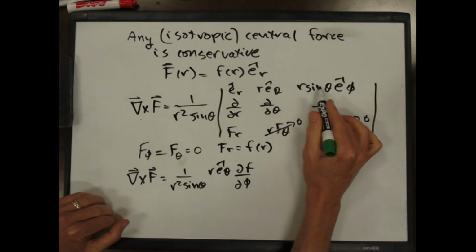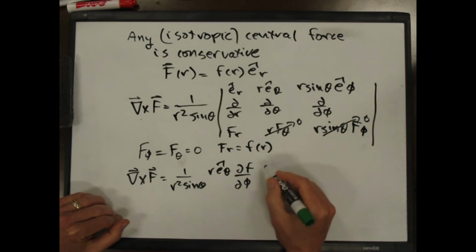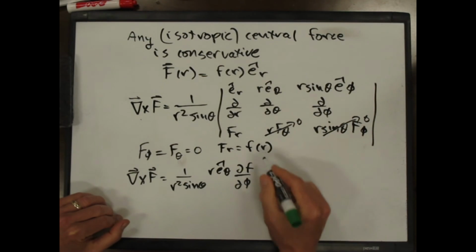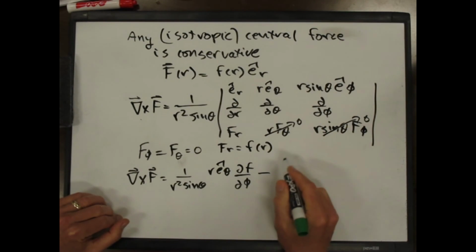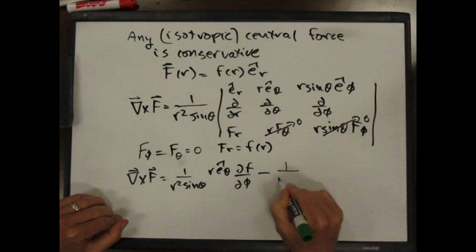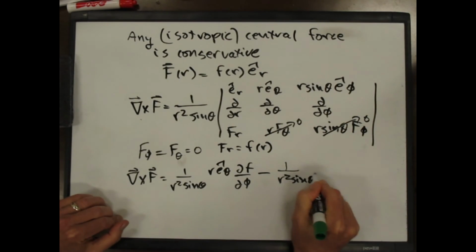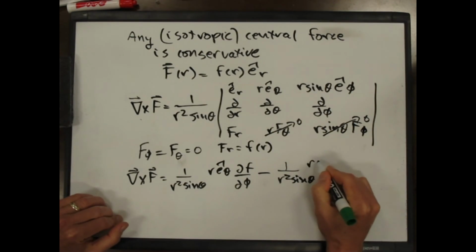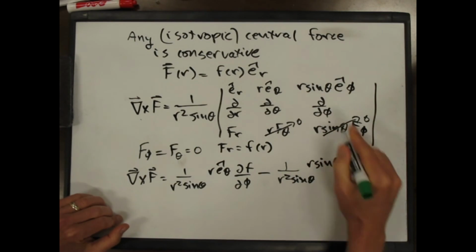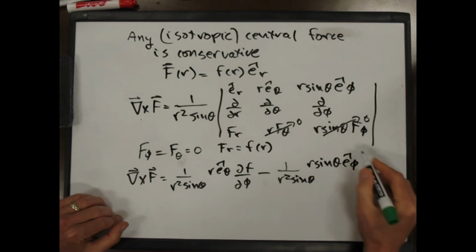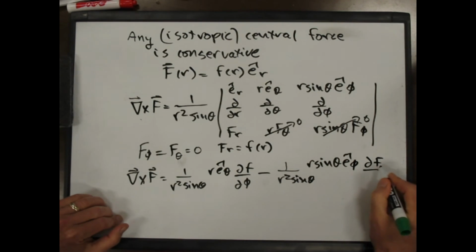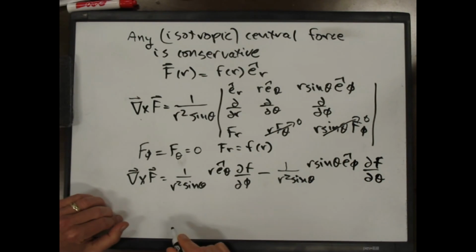It's that times that minus that times that, so it's going to be a minus sign, and it's 1 over r squared sine theta for this piece, times r sine theta for that guy, e hat phi, times partial lowercase f, partial theta for this guy, right?